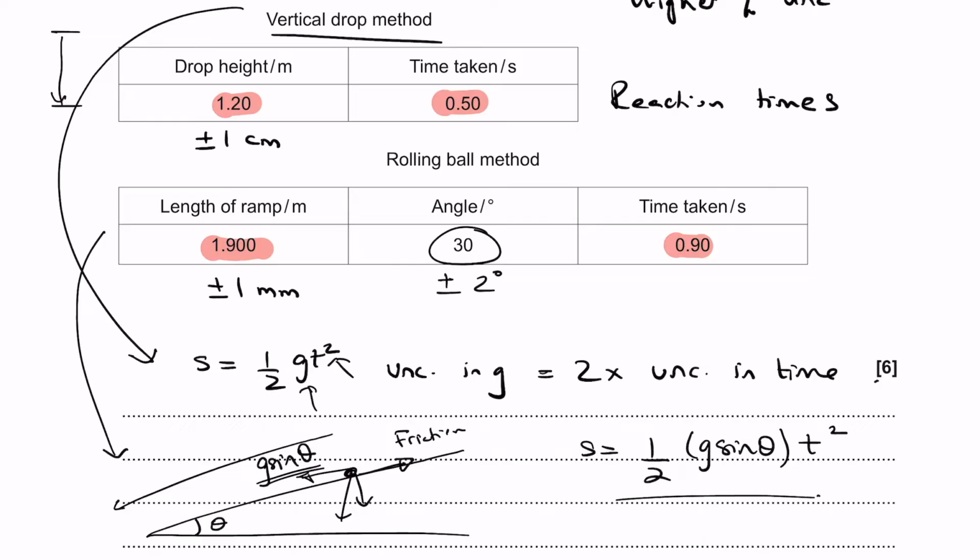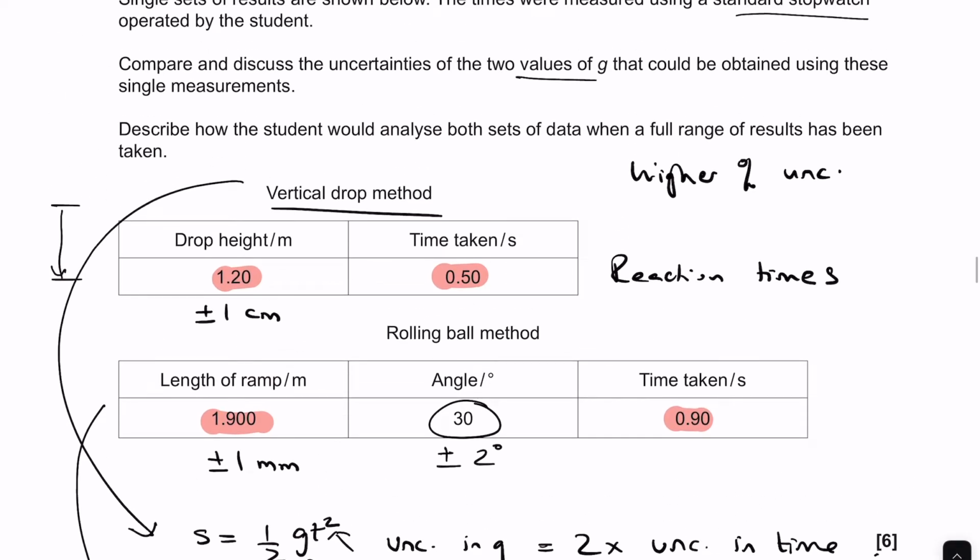And now that's done, let's talk about the sets of data. For the first method, I would work on dropping, so first of all, increasing the height, and then dropping it from the same height several times to get an average of the times. I would use light gates if I am provided with them.